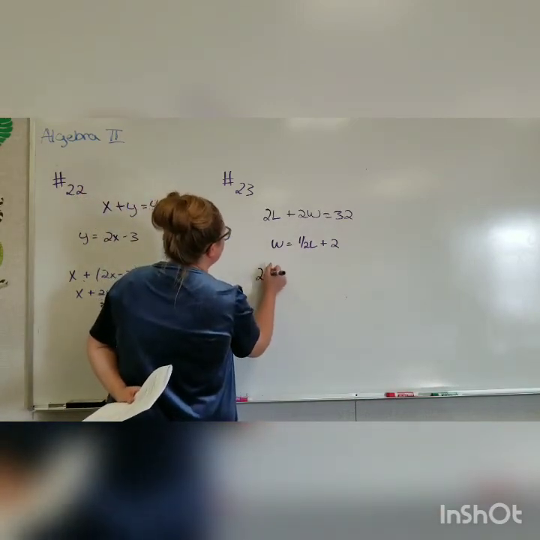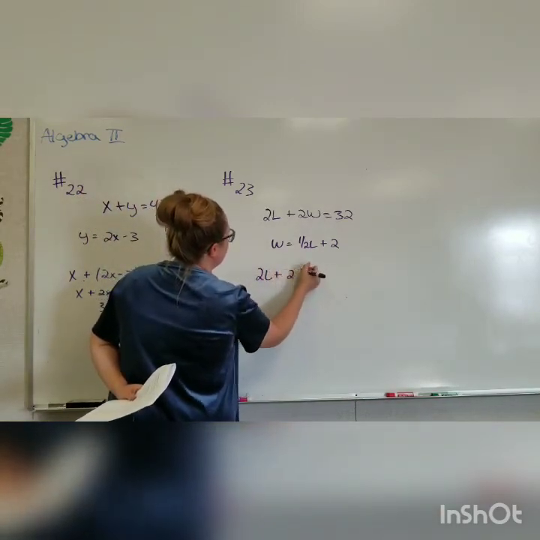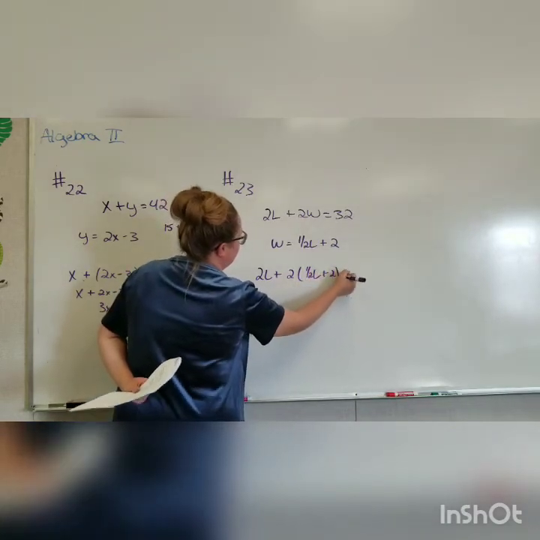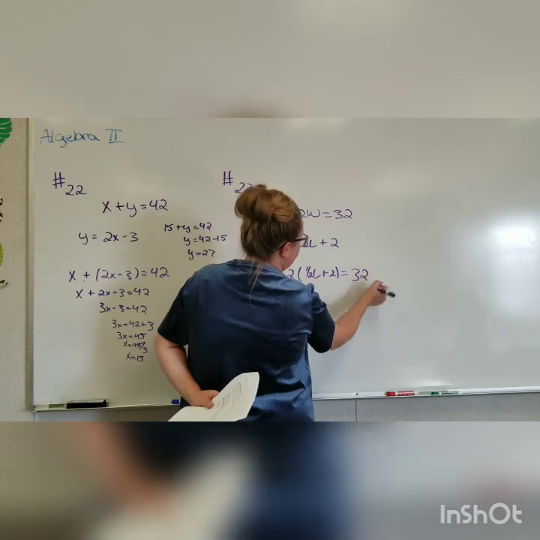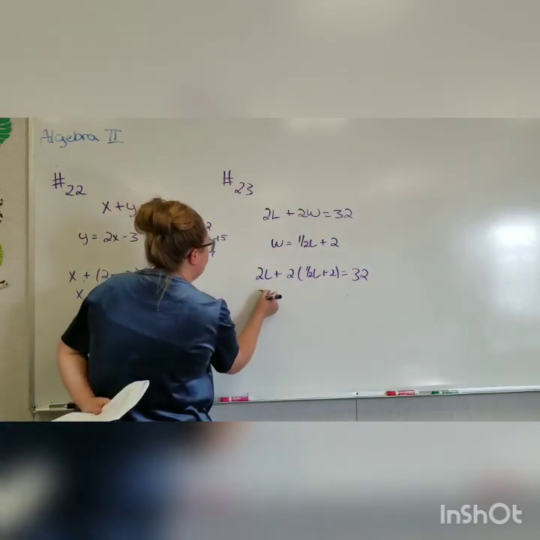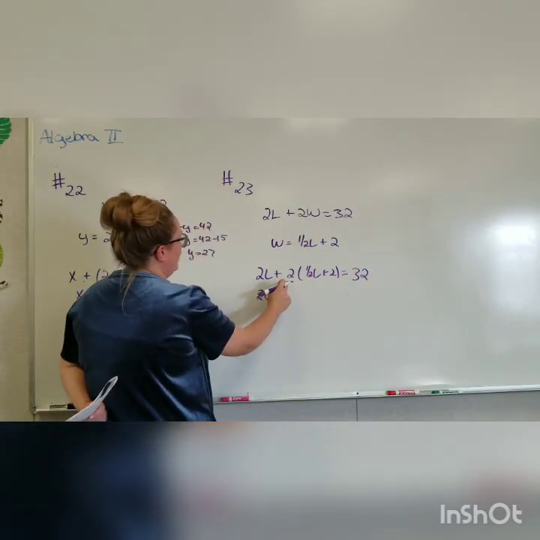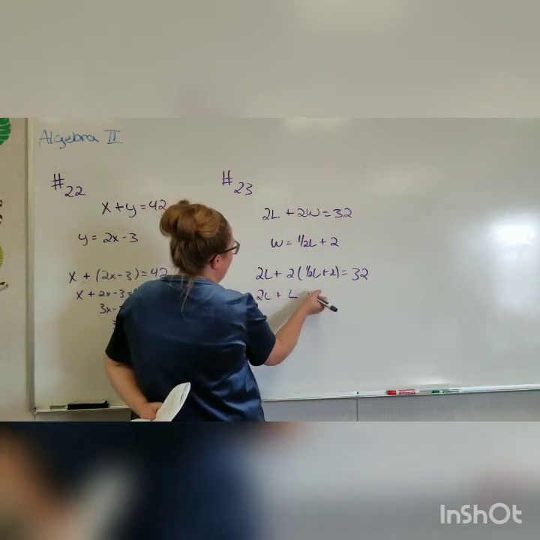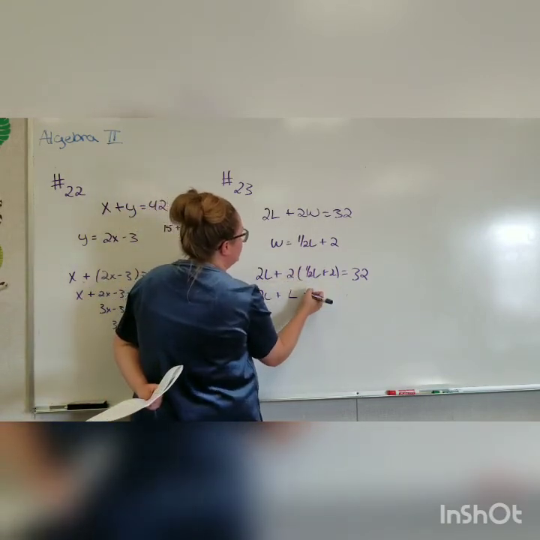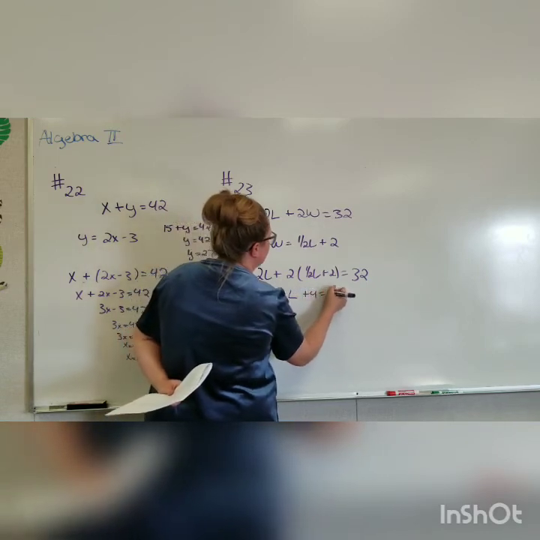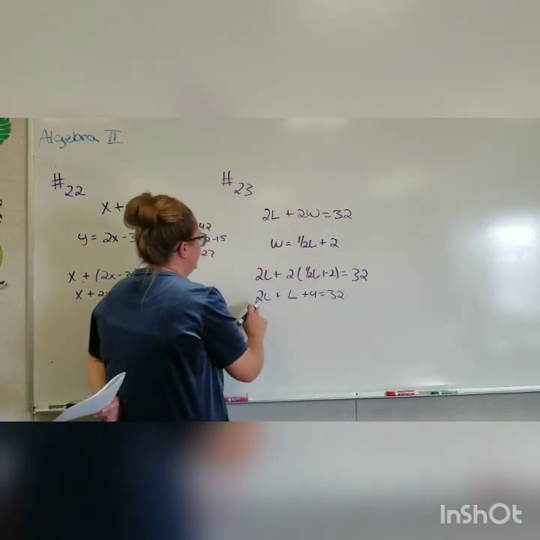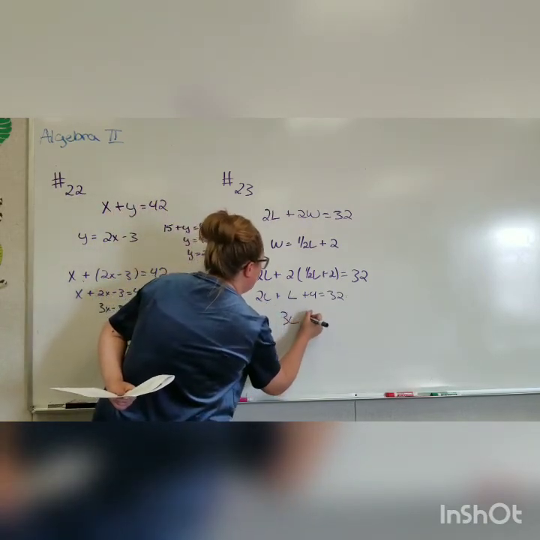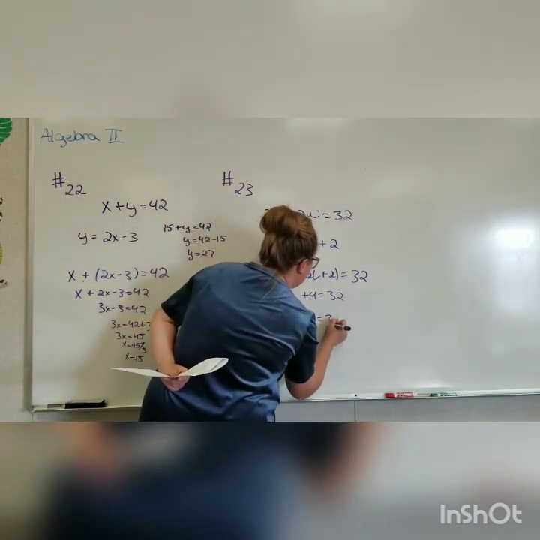So 2L plus 2 times 1/2 L plus 2 is going to equal 32. All right, so 2L, we got to do our distributive property. 2 times 1/2, 1/2 of 2 is 1, so that just leaves L. 2 times 2 is 4, equals 32. Combine your like terms. 2L plus L is 3L plus 4 equals 32.